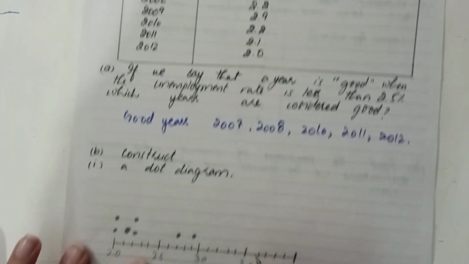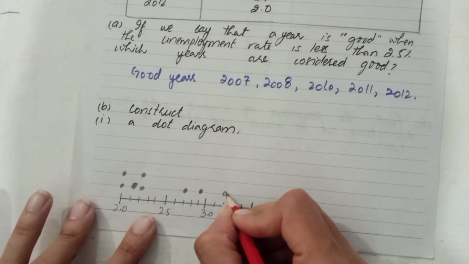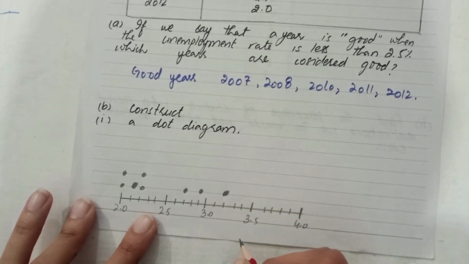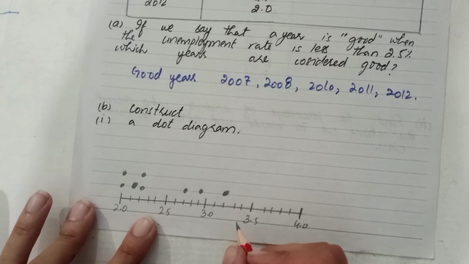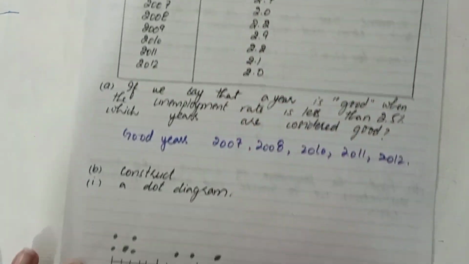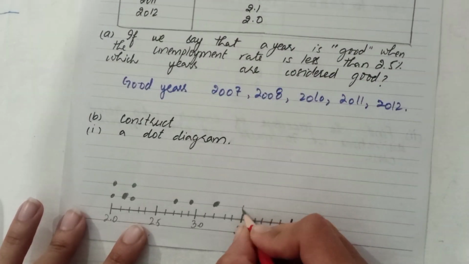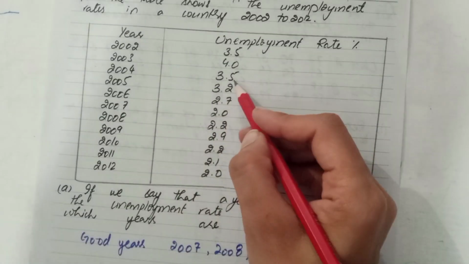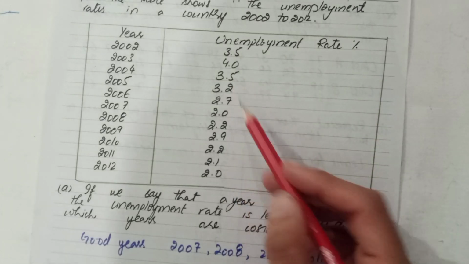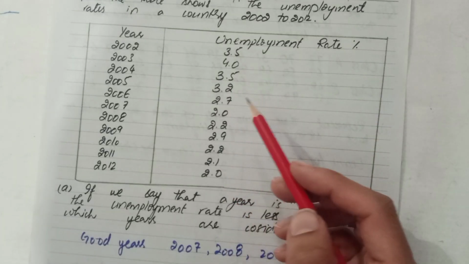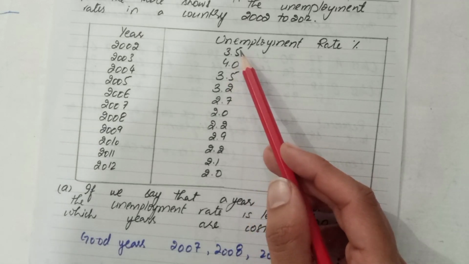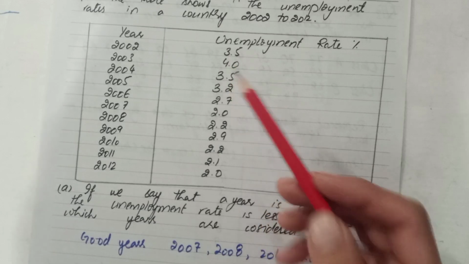and then 3.2 is one time, and then 3.5. 3.5 two times, that is 3.5 and 3.5.